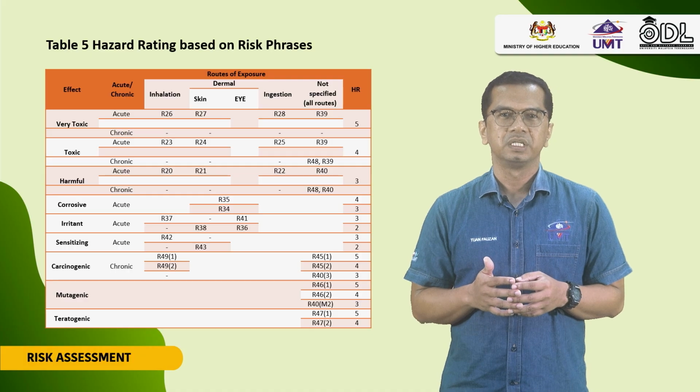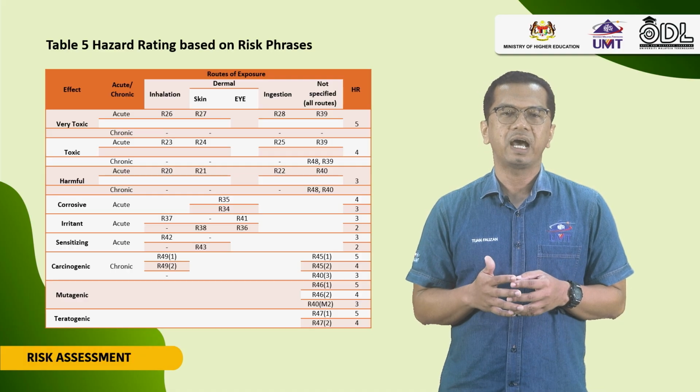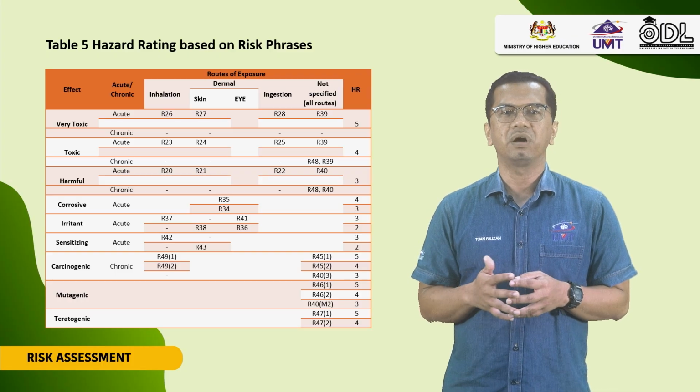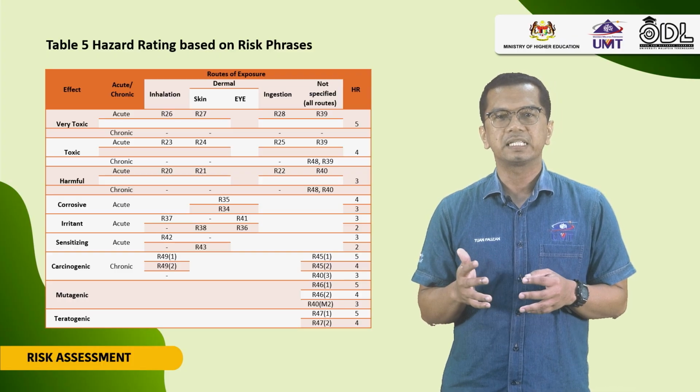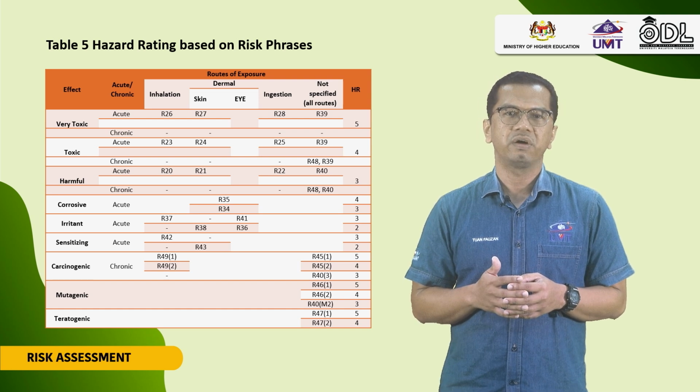Corrosive chemicals that cause burns, like R34 and R35, are assigned ratings of 3 or 4. Irritants like R36 to R41 fall into the lower range of 2 or 3.